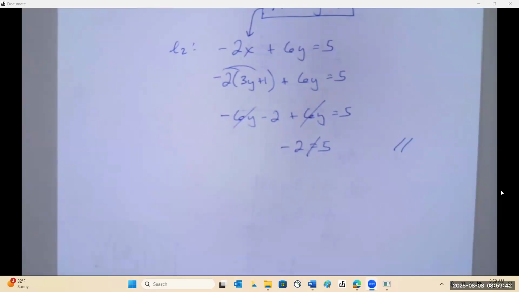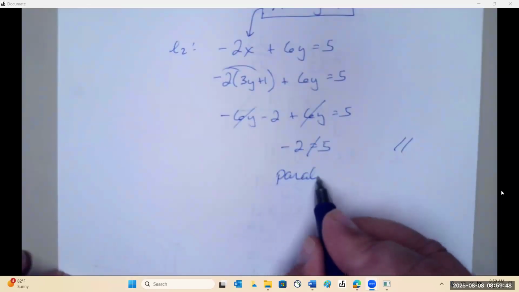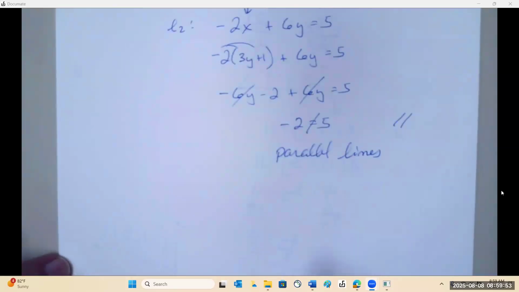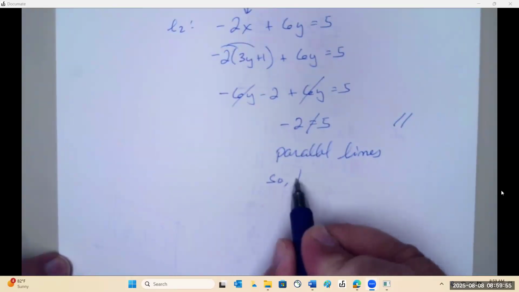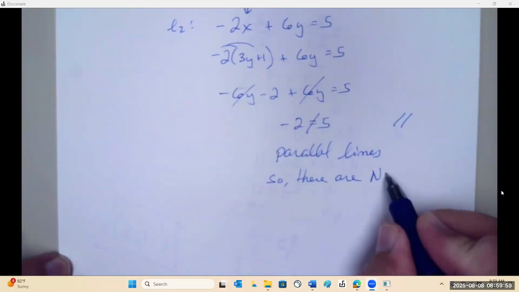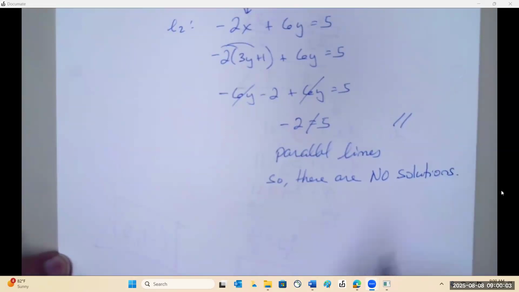They have no solutions and nothing can make them the same. These are parallel lines. So what does that mean about solutions? Since they're parallel, they have no intersecting points. They have no solutions.